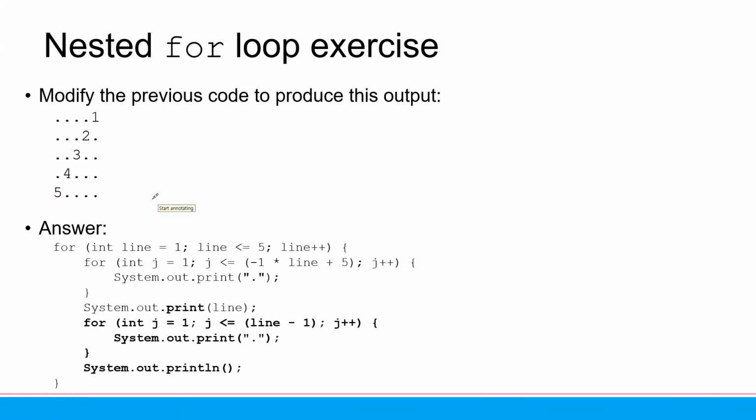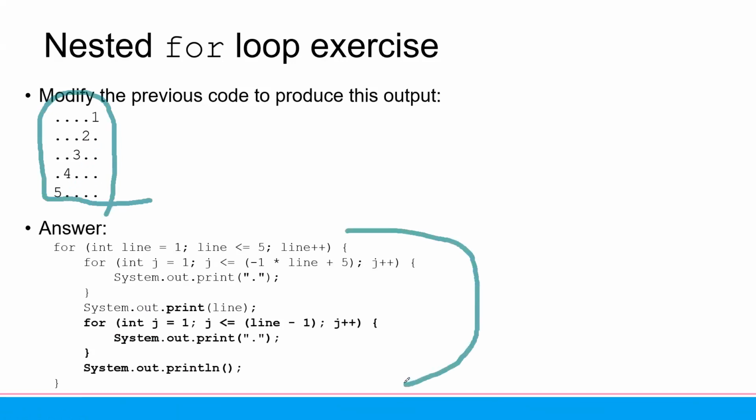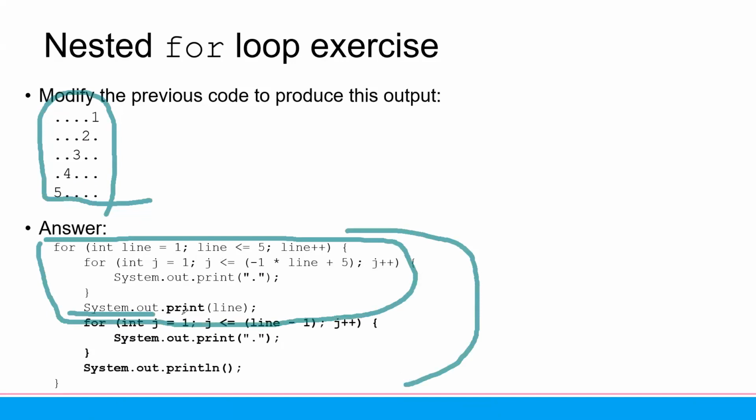In the mid exam, I may give you a problem like this and then make the Java code. So you need to make this Java code. The first loop is the same as the previous problem, and we have an additional loop, this one.